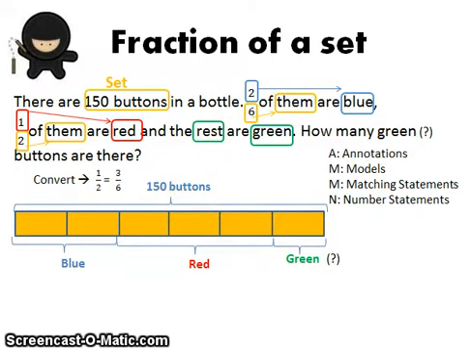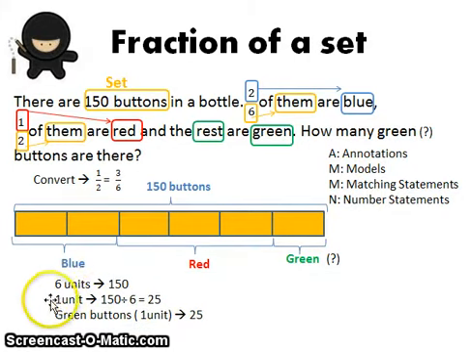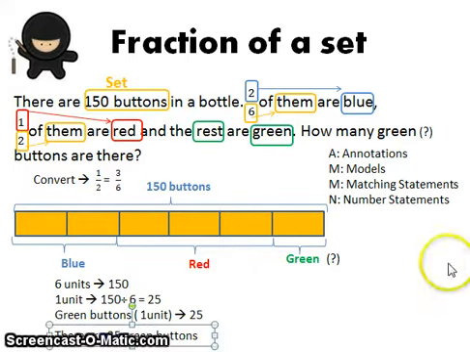So we can write it down in our matching statements. 6 units is 150. 1 unit will be 150 divided by 6, which is 25. And we know that the green buttons, which is also the same as 1 unit, will then be 25. And we write down our statement.